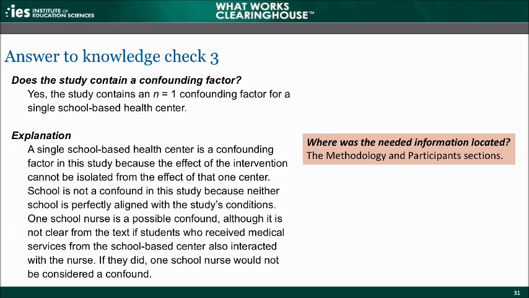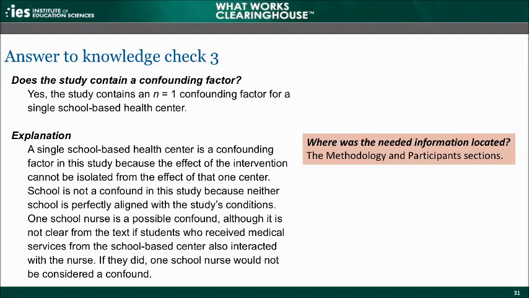And so notice that school is not a confounding factor in this study because although school A is the only school in the intervention condition, it is also in the comparison condition. And notice that school B is not the only school in the comparison condition. It is in that comparison condition with school A. School A is represented in the comparison condition.